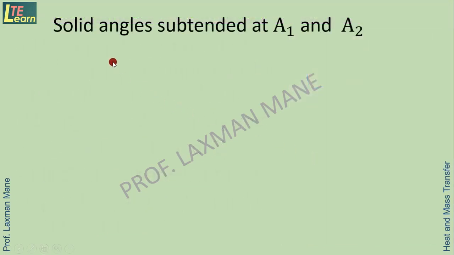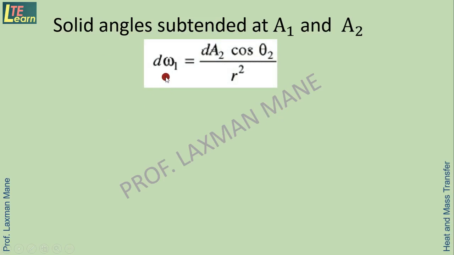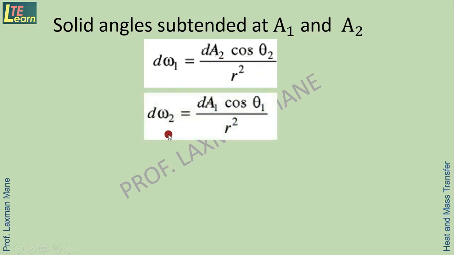By the definition seen in the last video, the solid angle subtended at areas A1 and A2: this is the solid angle at area A1, d omega 1 is equal to, and this is the solid angle at area A2, that is d omega 2.